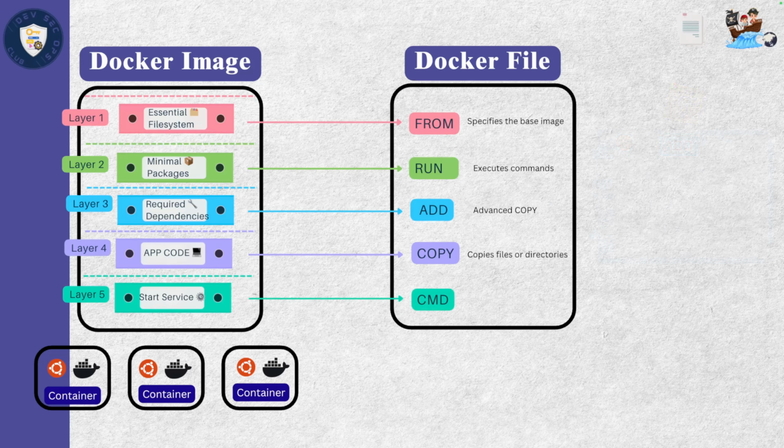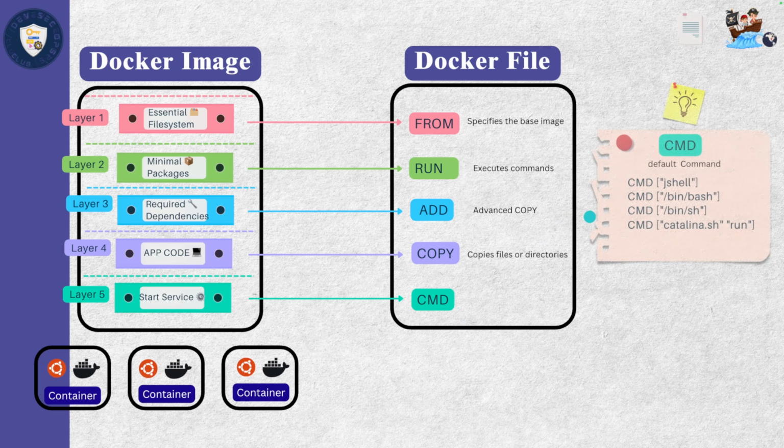Next we have CMD. CMD is the instruction which specifies the default command, as I said, to start the service. Similarly, if we want to start a service, we can use CMD. So if you want to start a shell in case of Ubuntu, this is CMD bin bash, CMD bin sh, or CMD catalina.sh run in case of a Tomcat server.